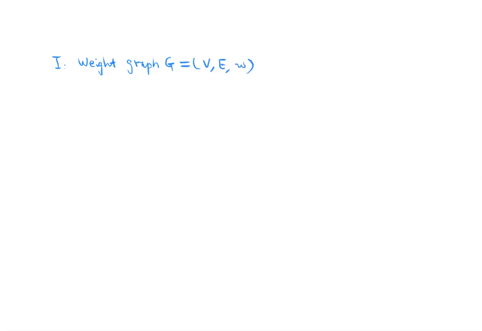Now we have a subset of vertices. Other than that, maybe we have a starting vertex.